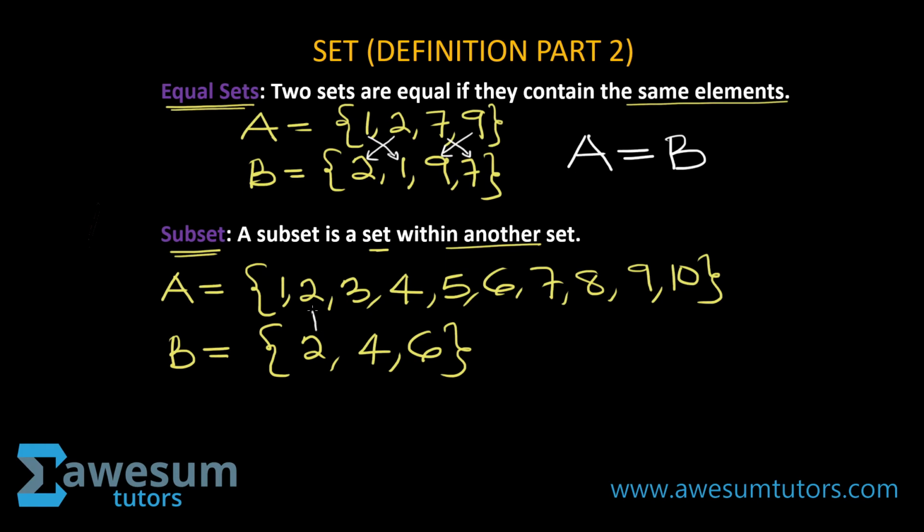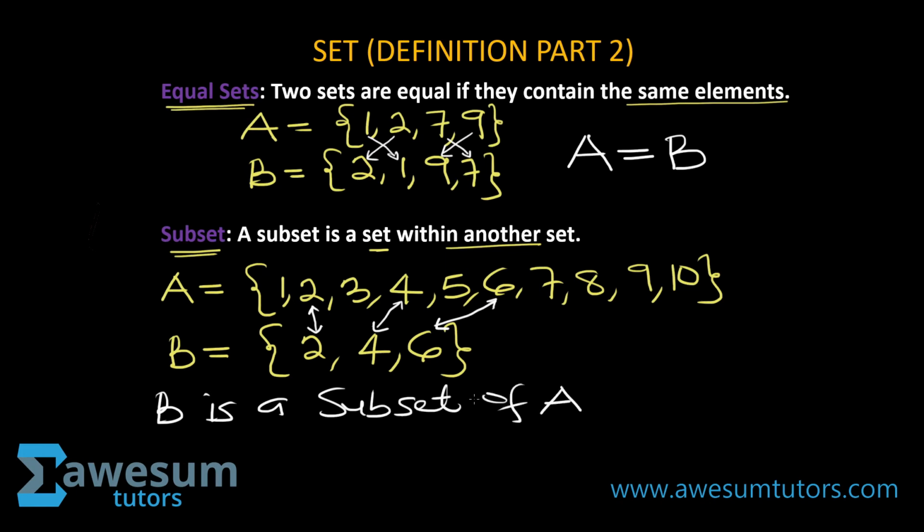There is 2 right here. You also have 4 right here. You also have 6 right here. So that means all the elements in set B can also be found in set A. This tells us that B is a subset of A. Why is that?